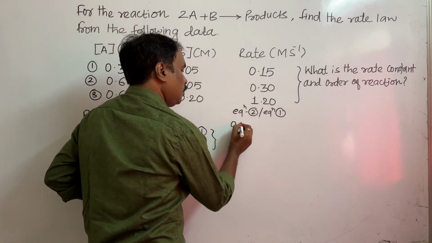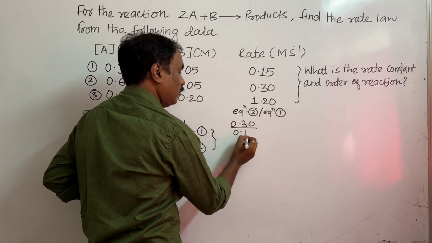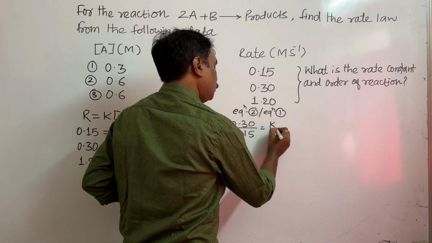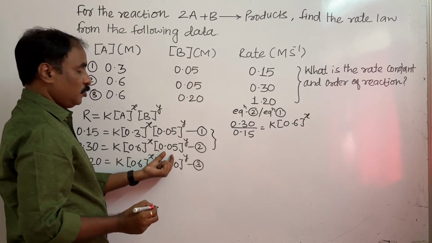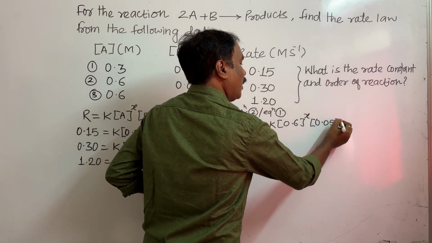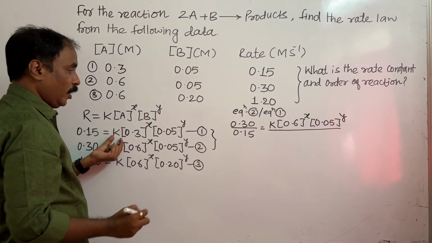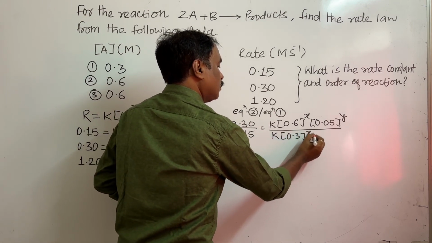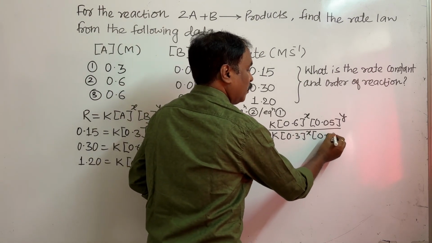So 0.30 divided by 0.15 is equal to K into 0.6 to the power X, 0.05 to the power Y, divided by K into 0.3 to the power X and 0.05 to the power Y.